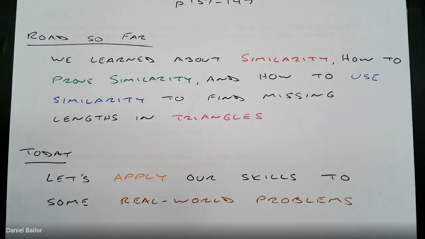This can also be used to measure how tall buildings are, how wide things are. These are things where you cannot really use a tape measure, so you can use similar triangles to find the lengths of really big things that are just hard to find in other ways.